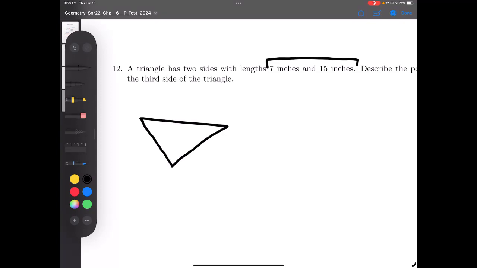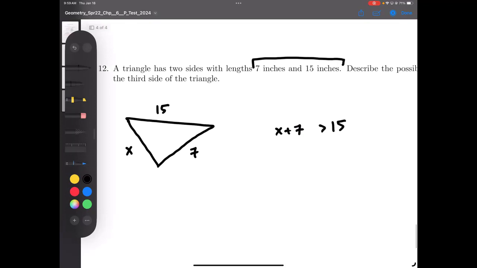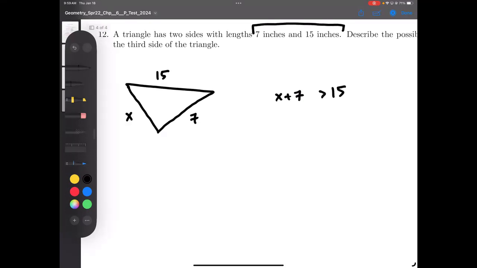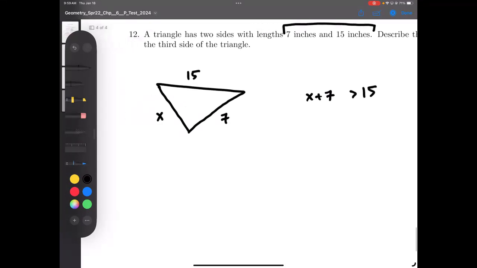X. Okay, in this case that I drew, in this triangle, what is the longest length? 15. So I'm going to set 15 off to the right. It's going to be x plus 7. That's one case. You can call it part A.